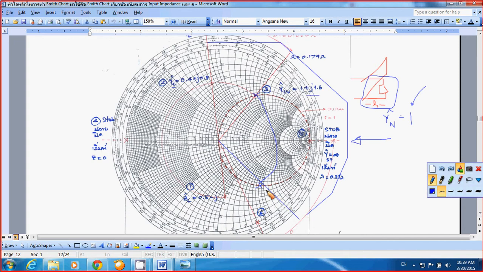Okay, and if you rotate again, it comes back to the same place. It's just like becoming even further. Okay, so that gives you ideas. You're not really limited to only point number 3.